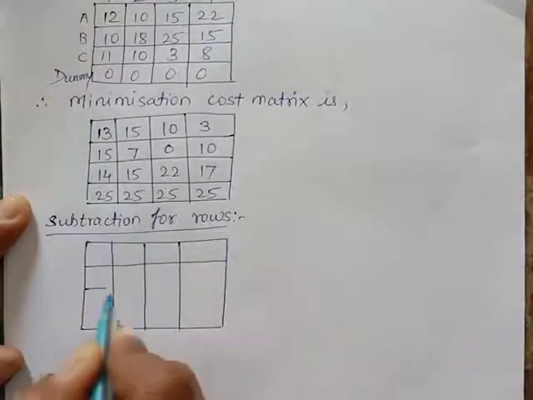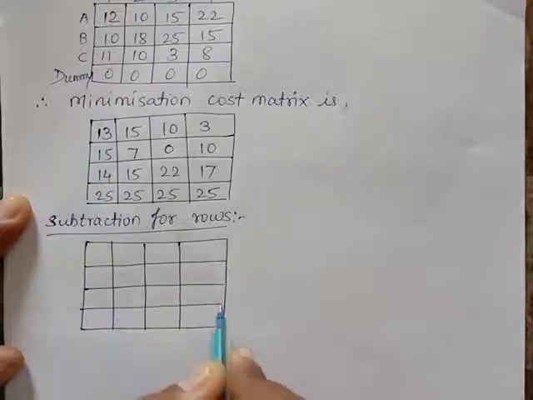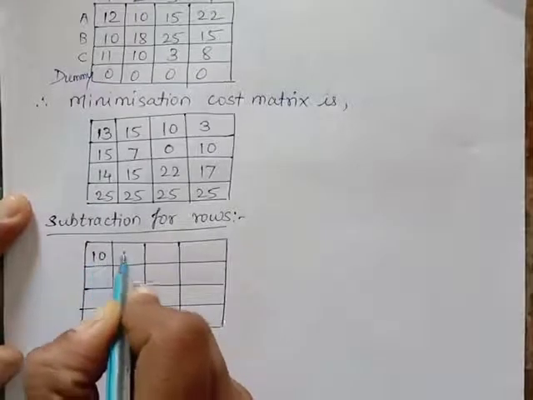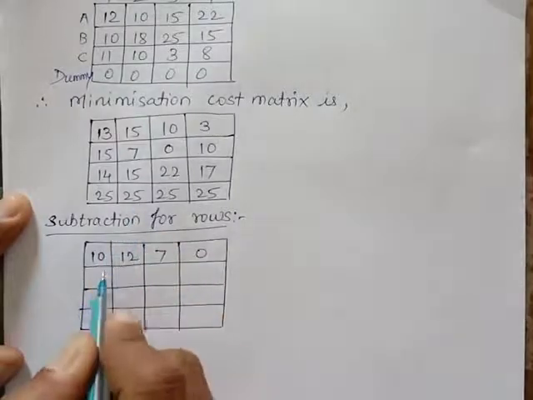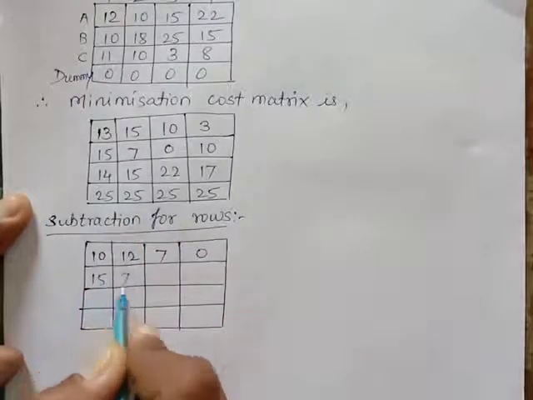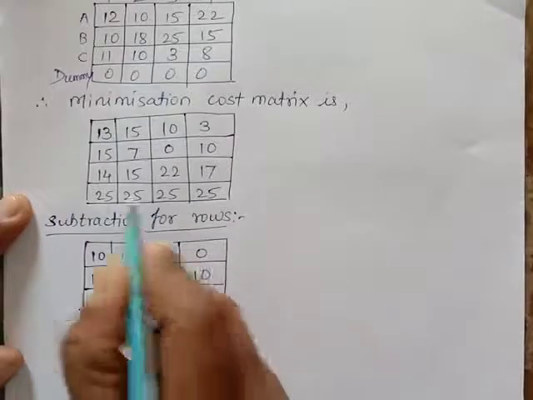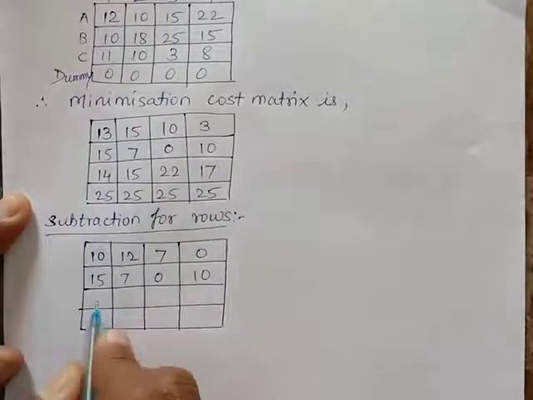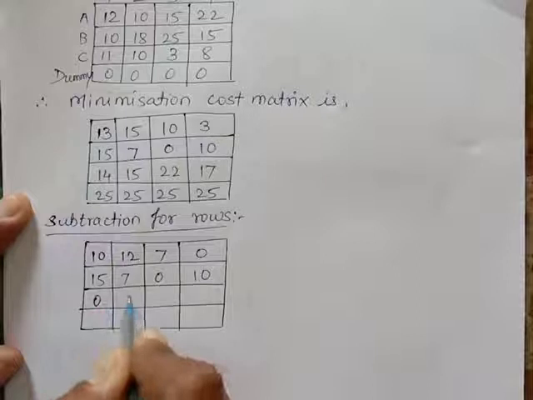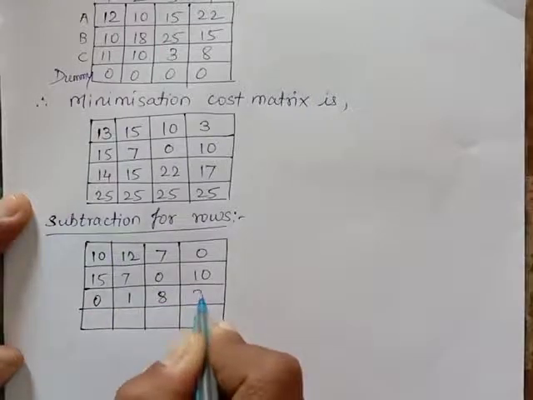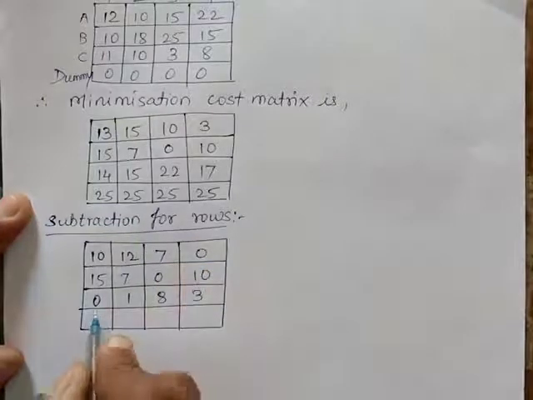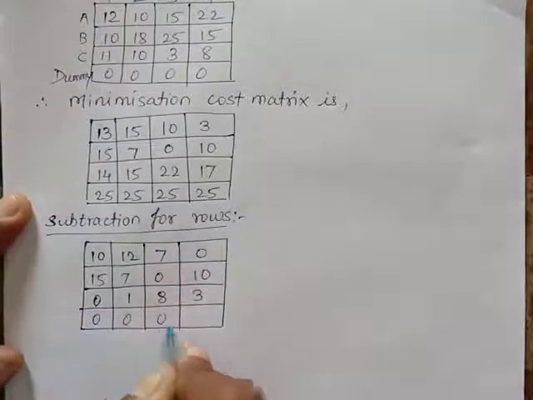We will get 10, 12, 7, 0. The minimum of the second row is 0 itself, so it remains as it is. The minimum of the third row is 14, so we get 0, 1, 8 and 3. And here we get zeros.